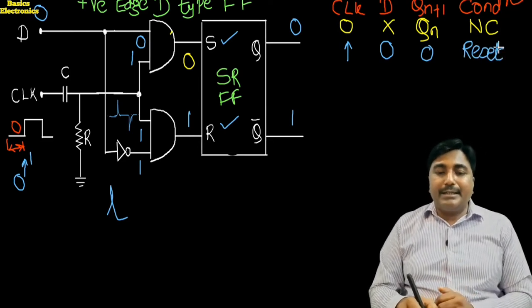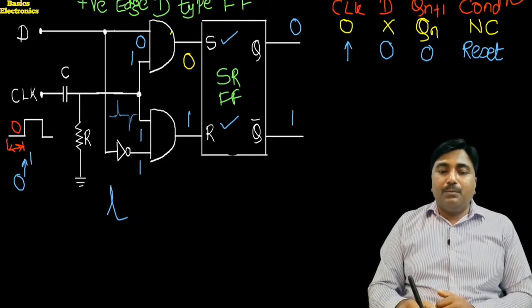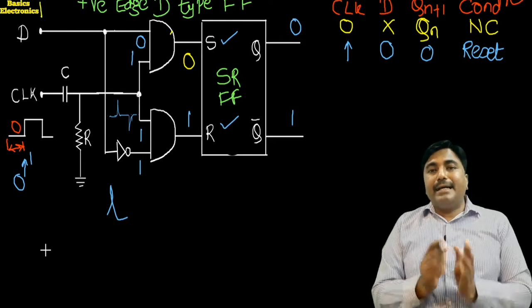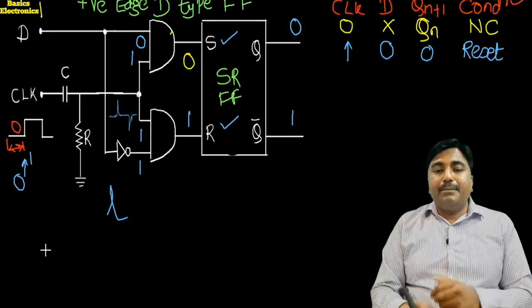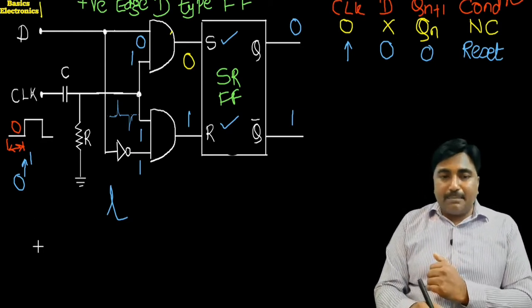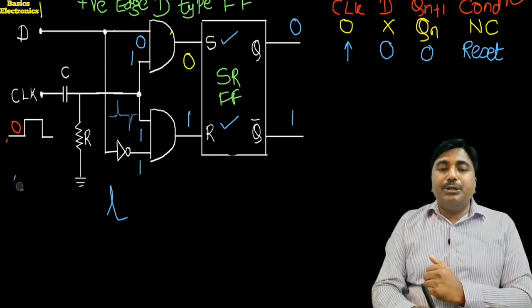Okay, now we consider when the D input is equal to 1, and there is a positive edge of the clock input. Here the positive edge comes. Suppose the next clock pulse is applied, changing from 0 to 1.